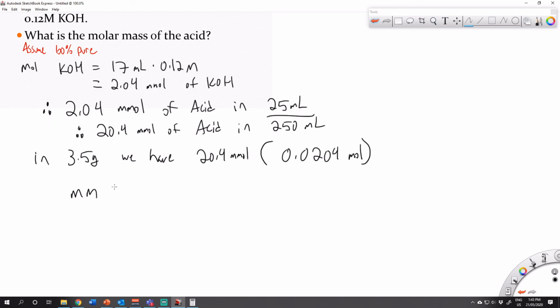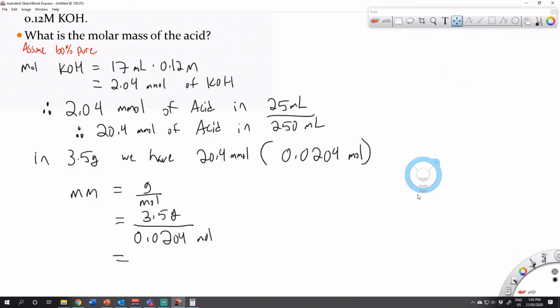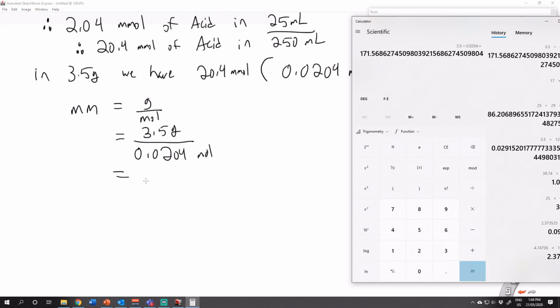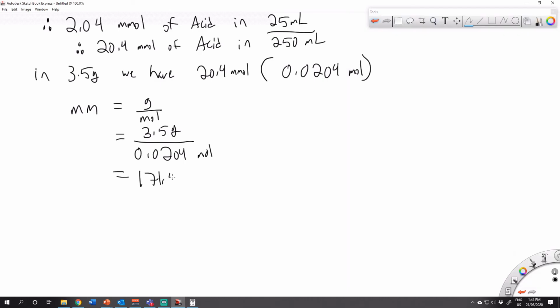Well, molar mass is simply grams per mole. So we can say we have 3.5 grams of our acid, and there are 0.0204 moles. So this acid has a calculated molar mass of 3.5 divided by 0.0204, which is 171.57, or about 171 grams per mole.